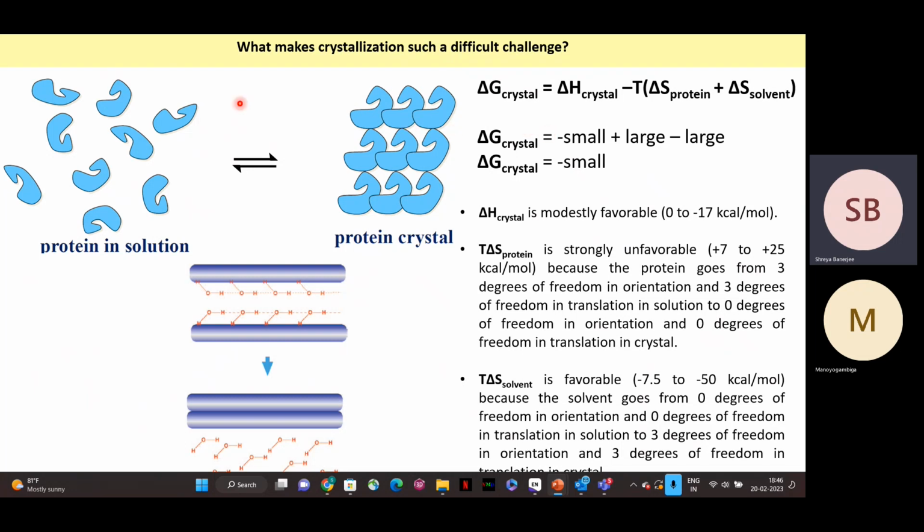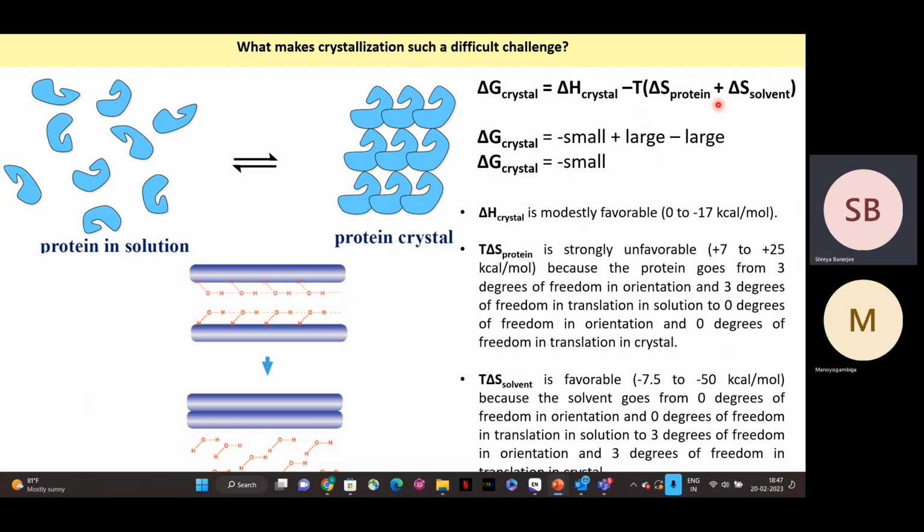If you look at the thermodynamics of this crystallization process, delta G is delta H minus T delta S. Now delta H is basically the enthalpy change of formation of the crystal, and this is favorable from 0 to around minus 17 kilocalorie per mole, because as the crystal is forming, there are many intermolecular interactions, which can be hydrogen bonding, van der Waals, ionic, etc., which are stabilizing the crystal. And that is why this enthalpy of the crystal formation is modestly favorable.